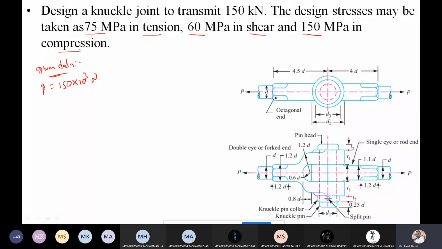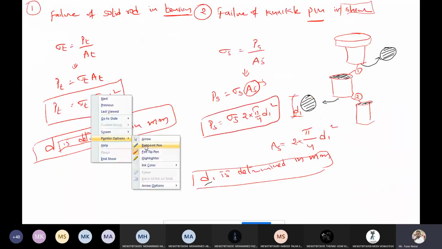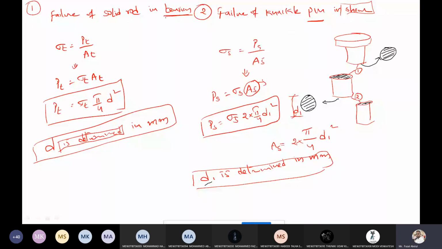Now the first thing is, failure is happening in tension. So in tension, for that reason I'm taking this equation.